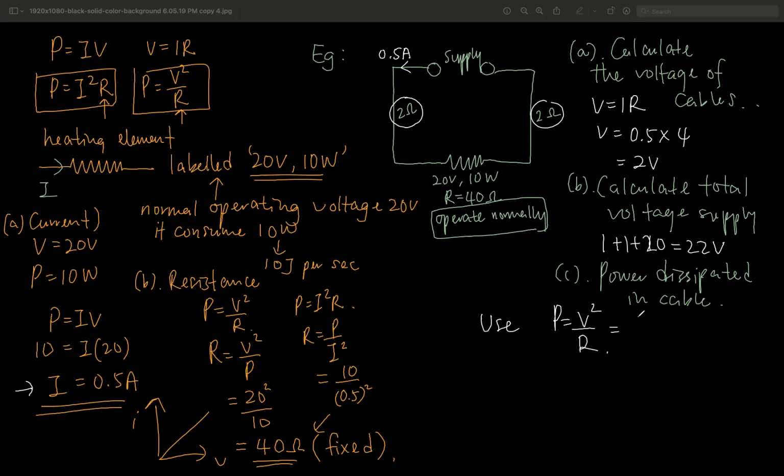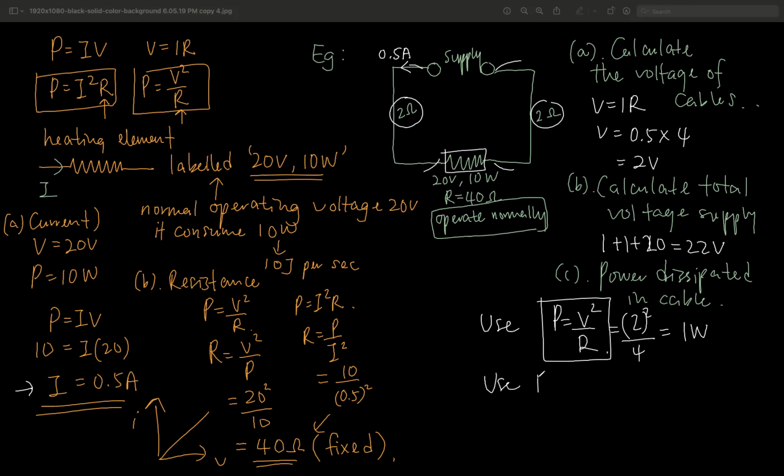So P is 1 squared, the voltage across the cable, divided by the resistance of the cable, which equals 1 watt. Because this is a series circuit, the voltage is different for each component, so you have to be careful when you use the V squared formula.